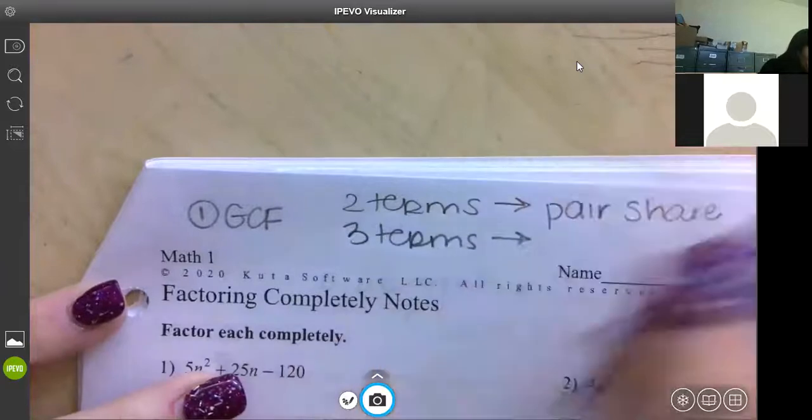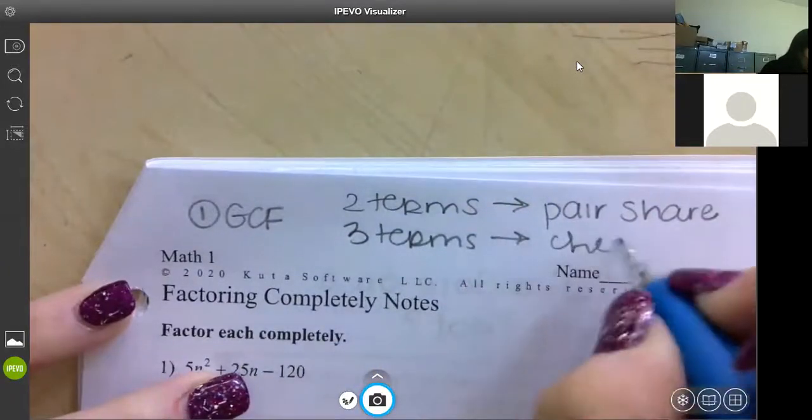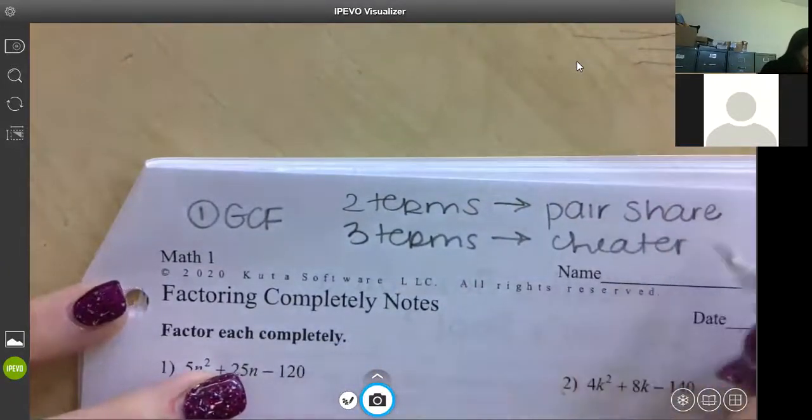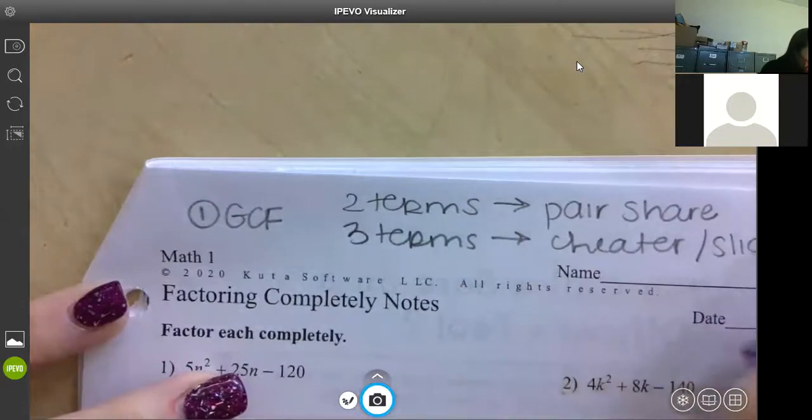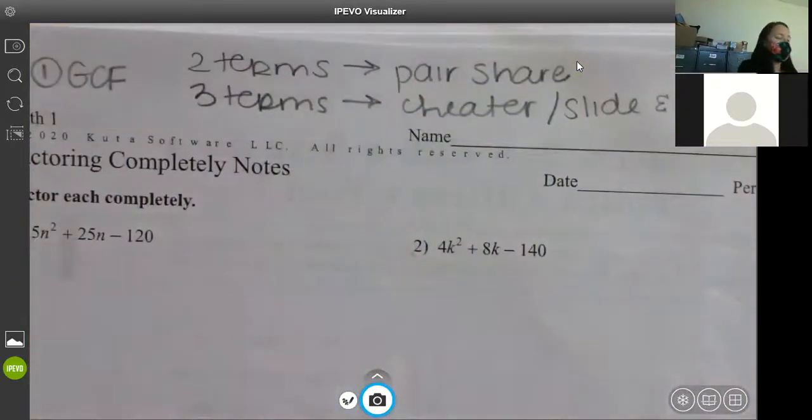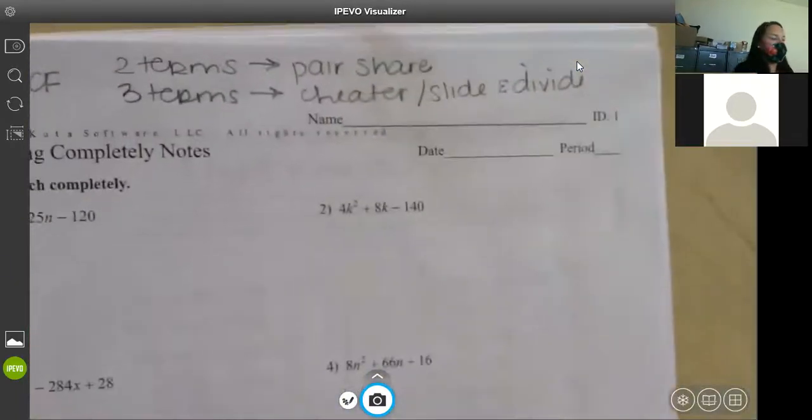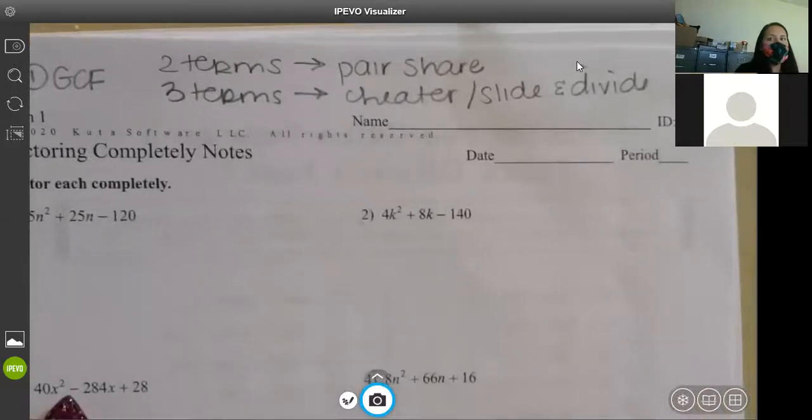If it's three terms, it's your cheater method or slide and divide. Okay, so the first step to factoring is GCF.